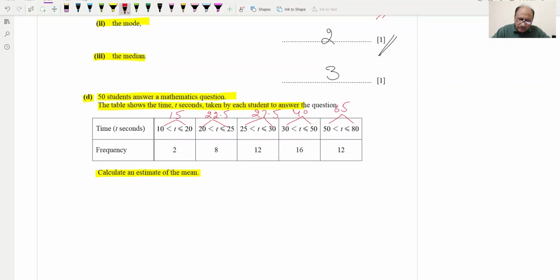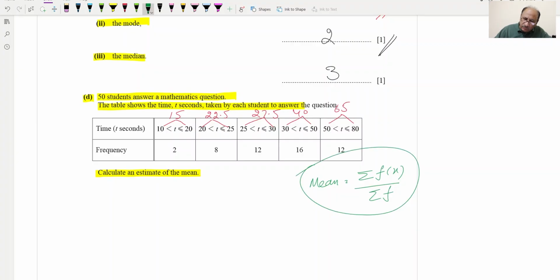Now after getting the midpoints, we have to apply the formula, which is mean equals sigma fx over sigma f. So this is the formula which we'll be using.